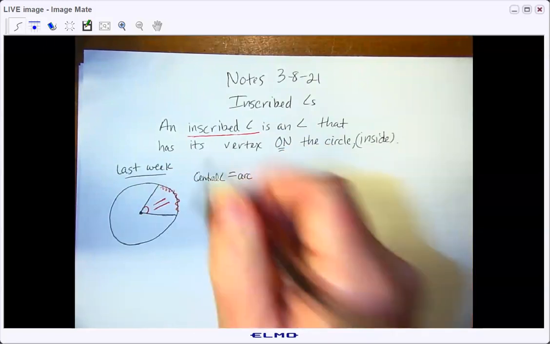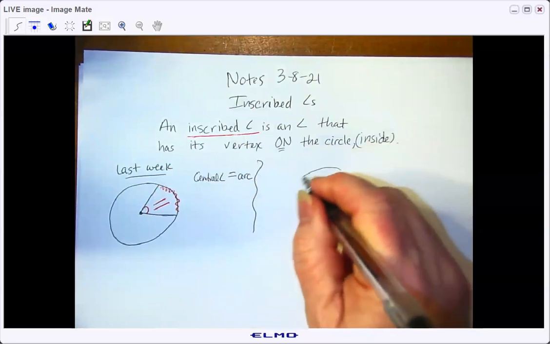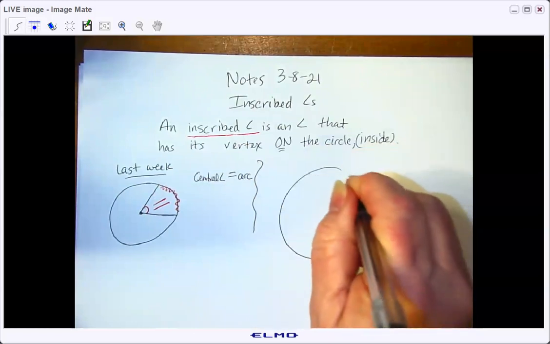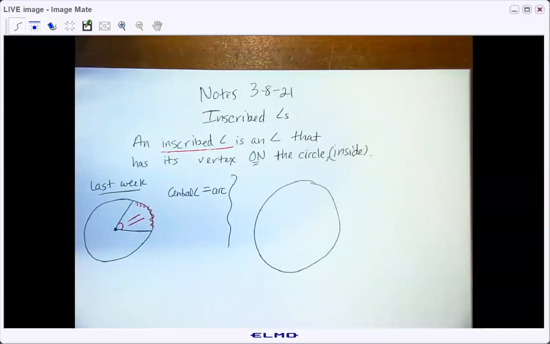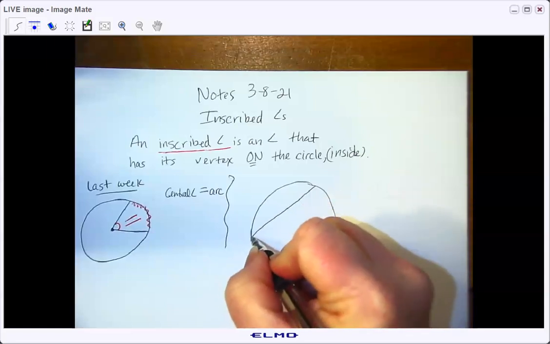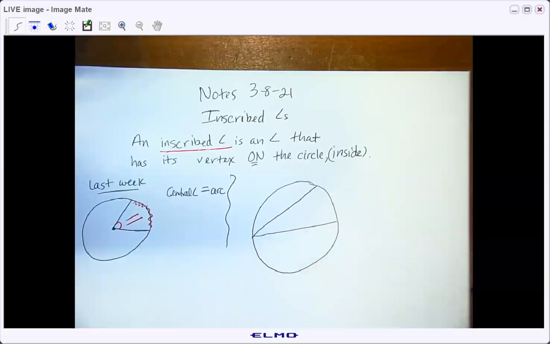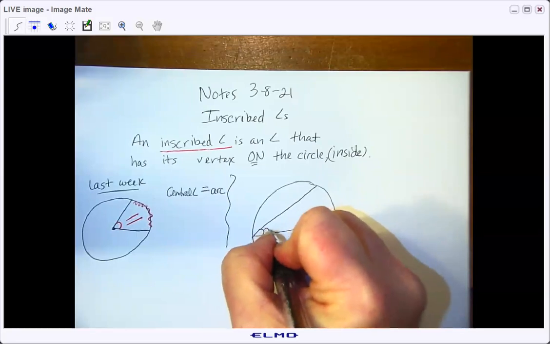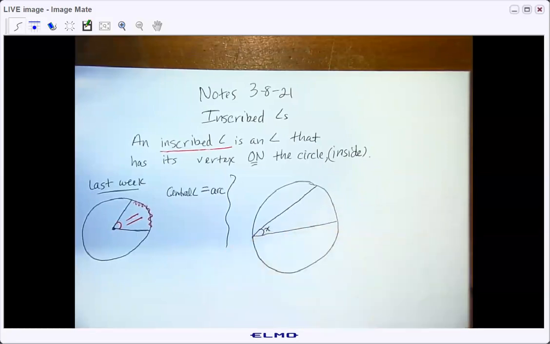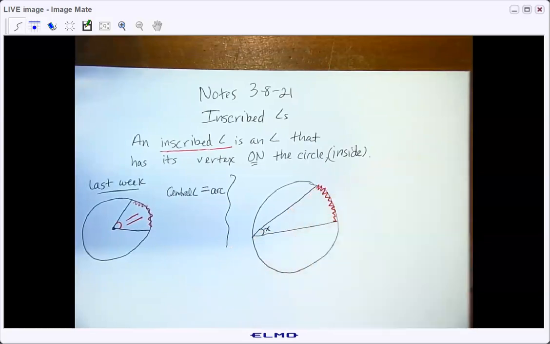This time, we're looking at an angle that goes all the way across the circle, not the center, the circle. So this would be my angle, just some random angle. And this over here is its matching arc.